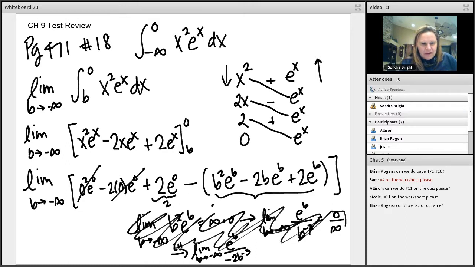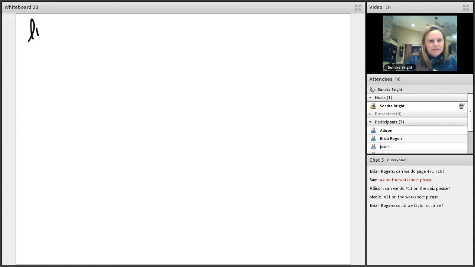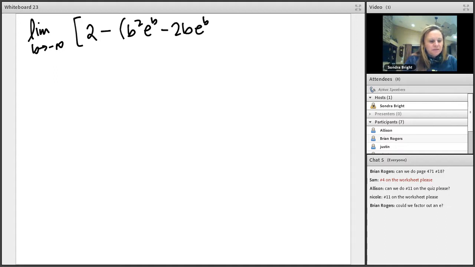Take a picture of it so I remember what to write. All right, so I've got the limit as b goes to negative infinity of 2 minus the quantity b squared e to the b minus 2b e to the b plus 2 e to the b.